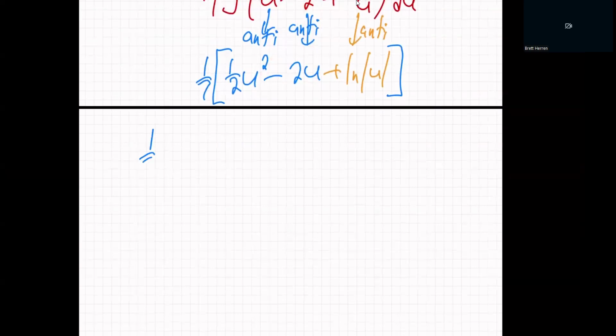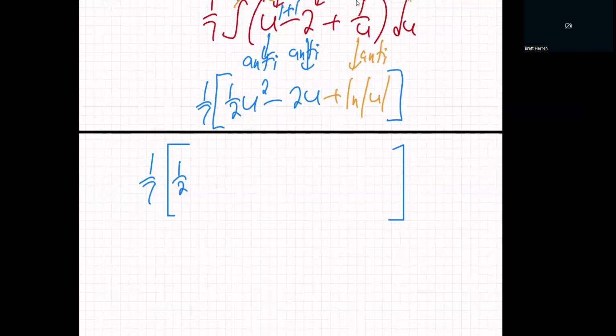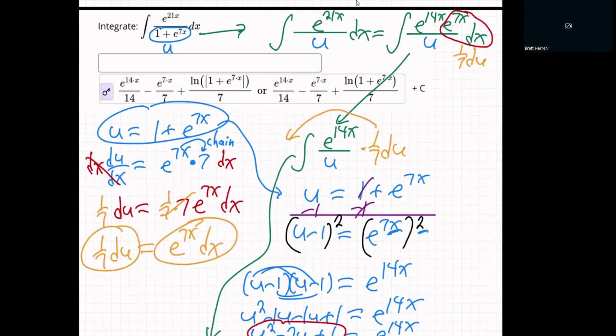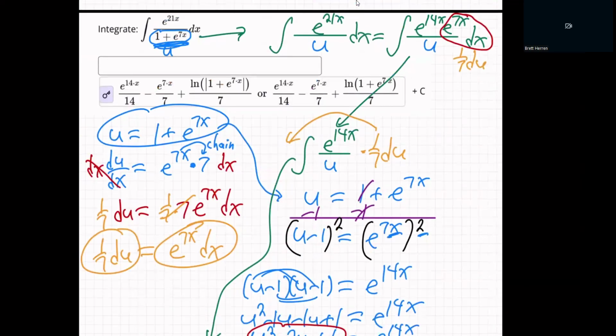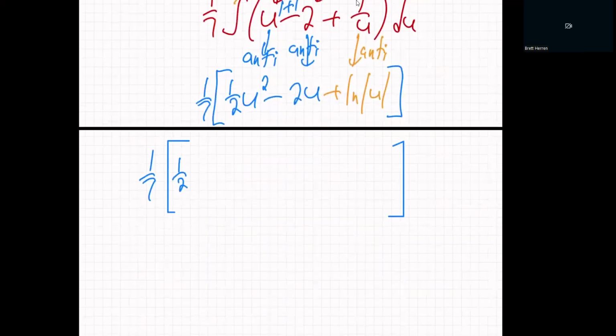So let's put the 1/7 in the front, and of our brackets here. And we're going to have 1/2. But now what is u? Let's go back to x. What was u way back in the beginning? u was 1 plus e to the 7x, like that.